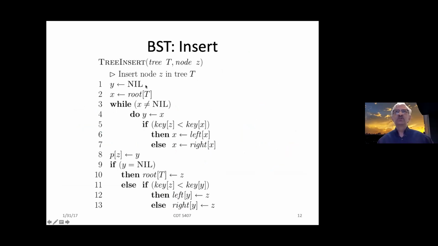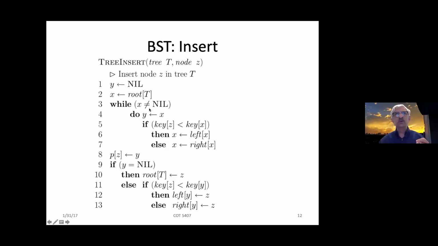Let's go over this. It turns out that this part here is, of course, we are starting at the root of the tree. That's what step number 2 says. Let x point to the root of the tree. After that, we are going to essentially do a search, but the search operation is not a recursive operation, it's an iterative operation.